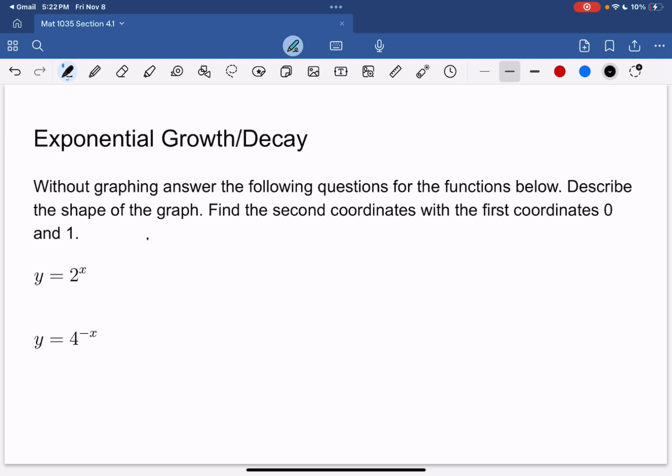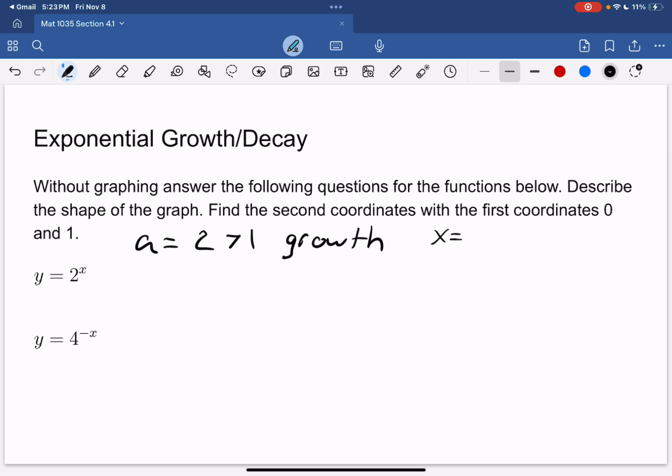Our a value, a is whatever is being raised to the power. So a is 2, which of course is greater than 1. So we have growth. Okay. Now find the second coordinates with the first coordinate 0 and 1. What that means is we know, and here because I don't have an initial value, my initial value is 1.